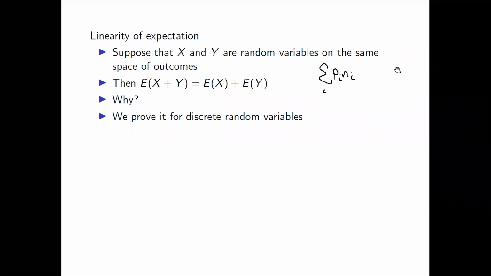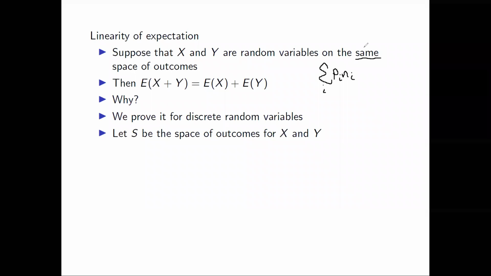Now, there's another version that we saw on that slide where we do the sum over all of the outcomes. So let S be the space of outcomes for X and Y, because they are random variables on the same space of outcomes.